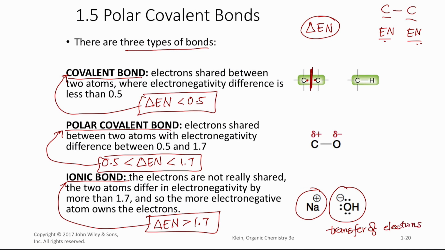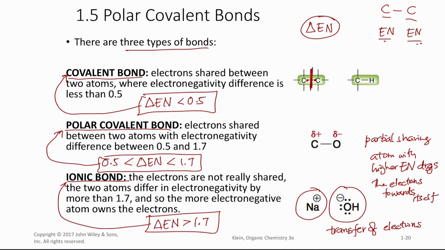Then what is a polar covalent bond? A polar covalent bond is where there is a partial sharing, which means that the atom with higher electronegativity drags the electrons towards itself, causing it to have a partial negative charge, and the atom that has lesser electronegativity gets a partial positive charge.